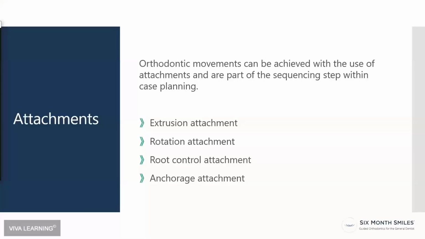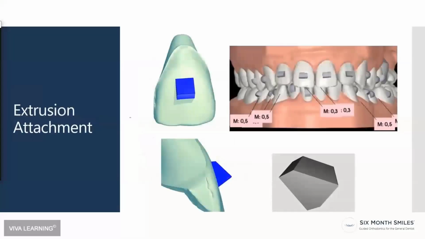The extrusion attachment, as I mentioned, is to achieve the incisor and also some of the posterior teeth extrusion by changing the shape. So the aligner will engage onto these surfaces and will pull the teeth into the correct position of extrusion or extrusive movement.